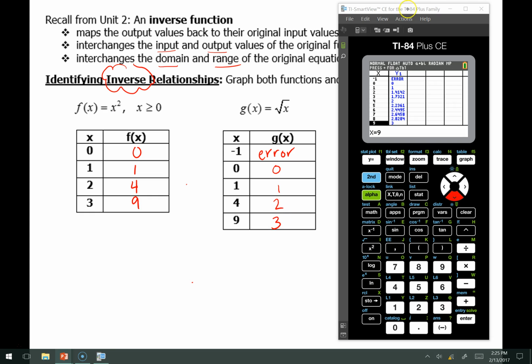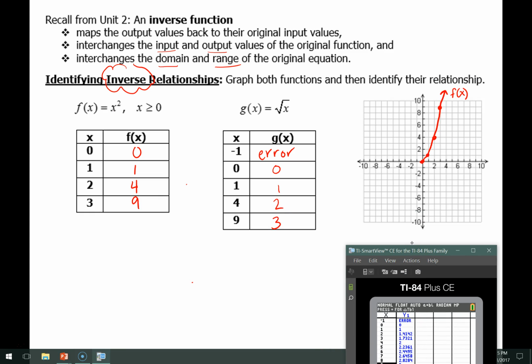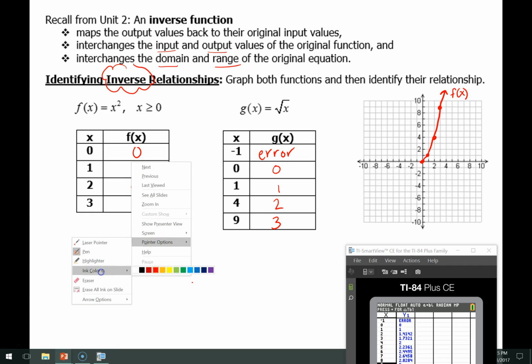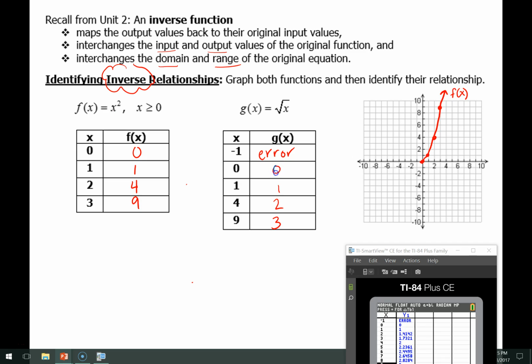So looking at that graph, I'm actually going to change my color for this one to blue. Sorry, I forgot to change it earlier. I'm going to do 0, 1, 2, and 3 for this one. 0, 0 is still the origin. 1, 1 is still that point, but then I go over 4 and up 2, over 9 and up 3. So I get this graph here.